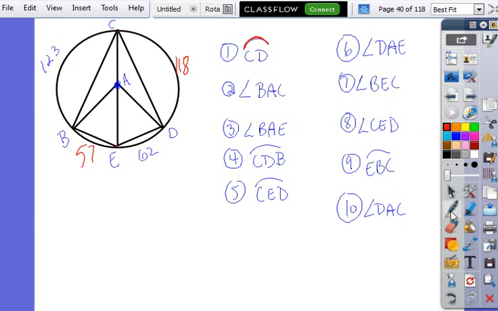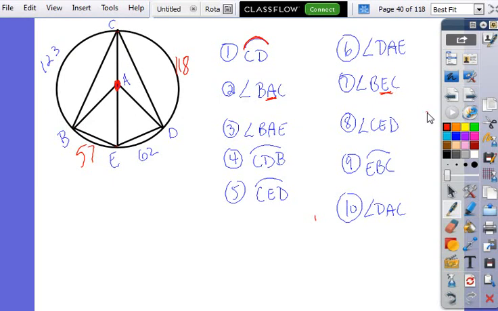And the easy way to figure out whether it is a central angle or an inscribed angle is this. What is the center of my circle? If A is in the center of the circle and the center of the angle, it's a central angle. So BAC, that's a central angle. Answer is 123. However, if I go over here, now E is in the center.